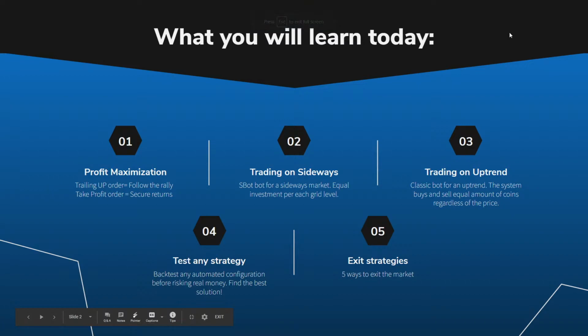So today specifically I want to focus on the topics of when is the best time to launch automated bots, what is the primary difference between the SBot strategy that we have and the classic bot strategy.